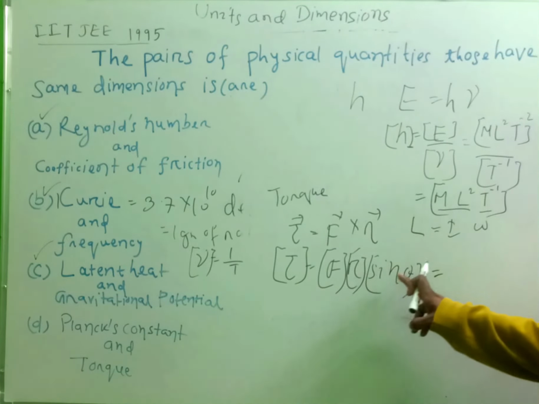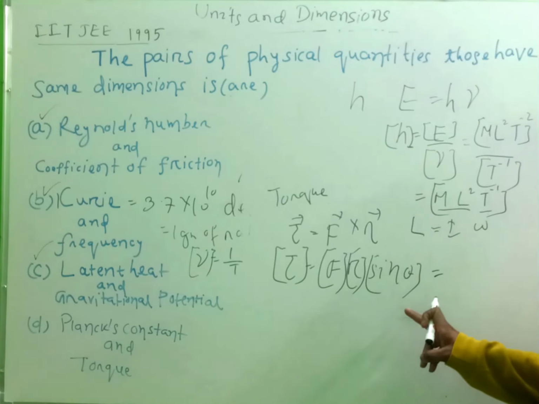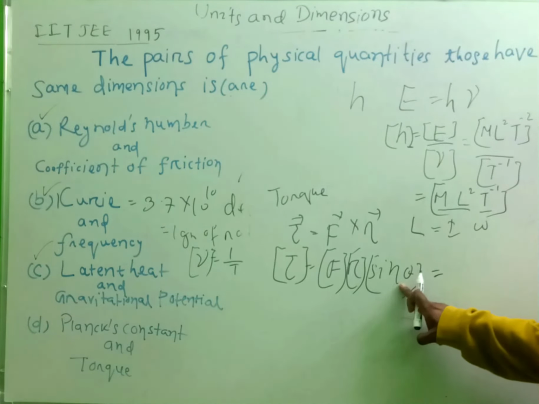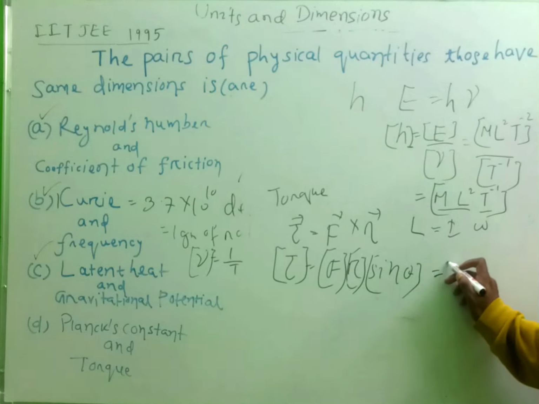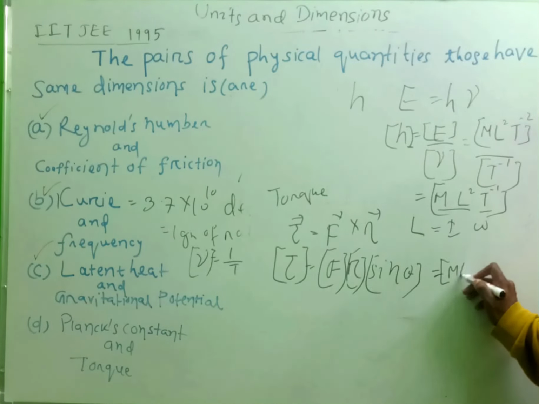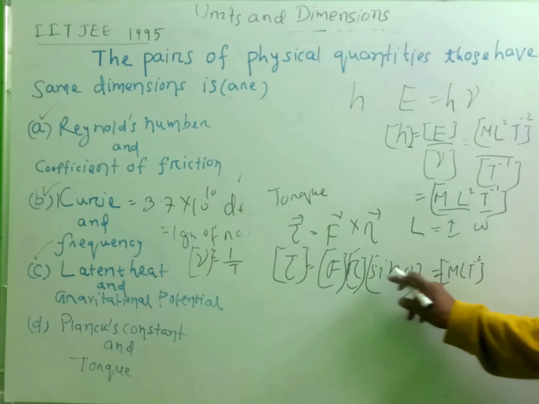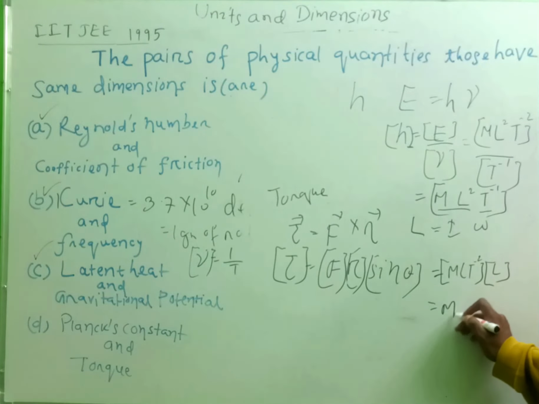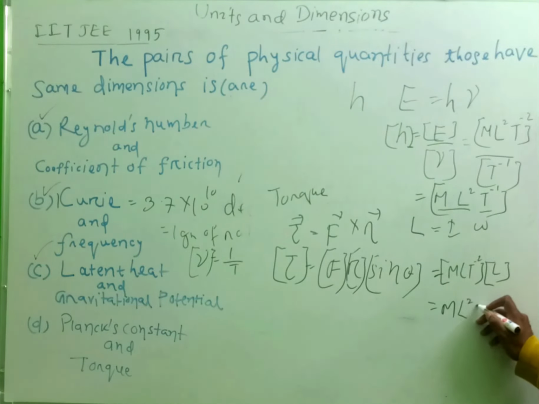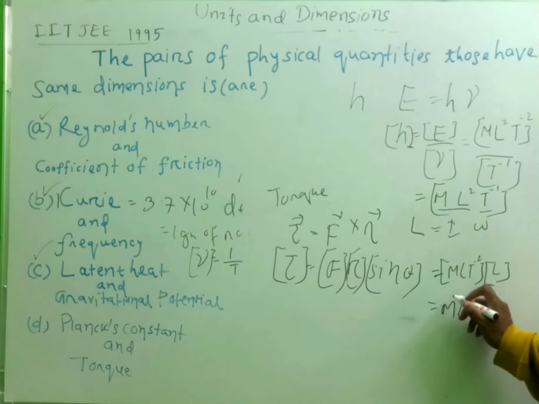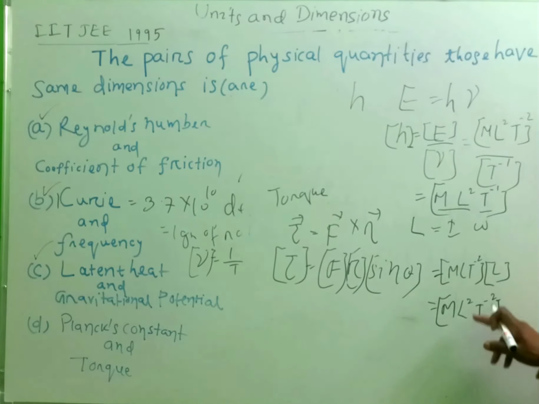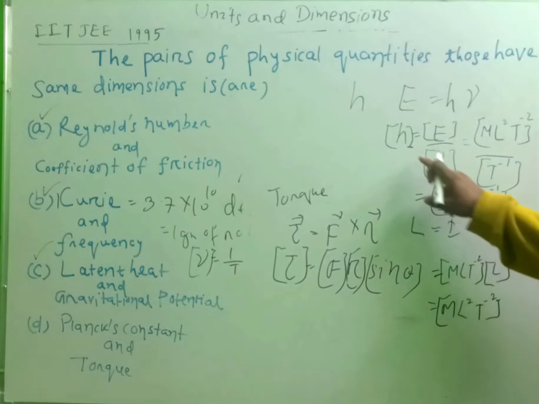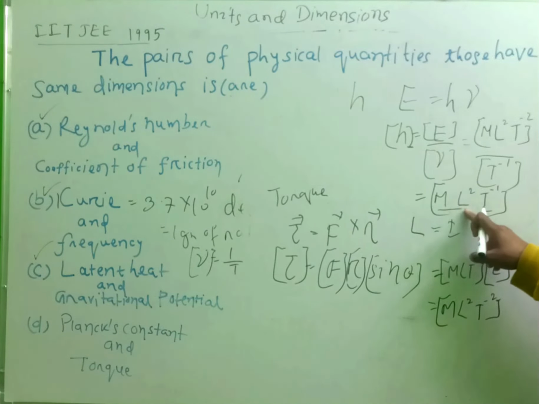Okay, student. This is dimensionless. Then what is the dimension of force? MLT^-2, and that of r is L. So the dimensions of torque is ML^2 T^-2, the same as that of work and energy, and not equal with Planck's constant. Planck's constant is ML^2 T^-1, which is equal with angular momentum.